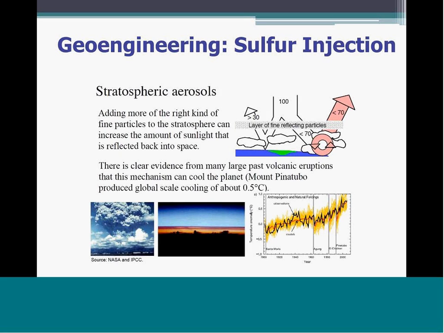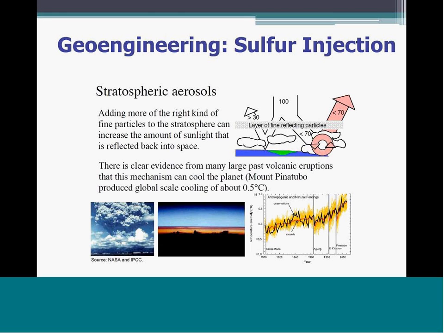And a number of recent studies have said that we could reduce insolation at least 1.84%, which would allow us to decrease temperatures back to pre-industrial times again, as if we had atmospheric concentrations of carbon dioxide of 280 parts per million, even though the amount of carbon dioxide in the atmosphere may actually continue to increase during the time that we deployed this.